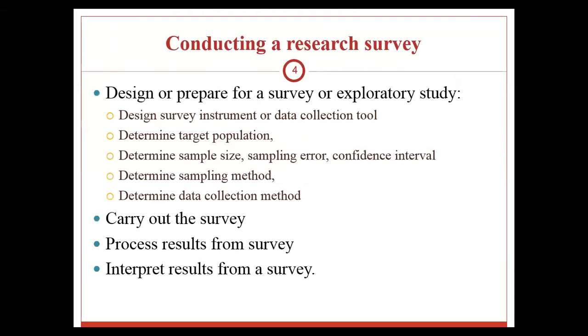So when you're going to conduct a survey, you need to plan, because remember we said that with a survey, you have a big population, and out of that big population, you get a sample. The small sample is going to represent the big one, and you want the results that you get from the small sample, or the data you collect from the small sample, to be able to represent the population.